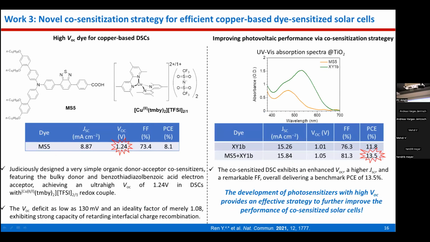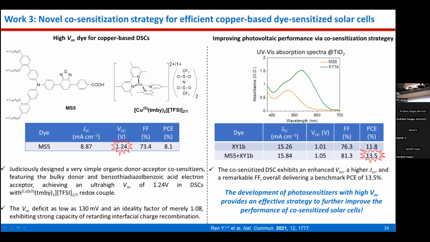Thus, here we designed a very simple organic donor-acceptor co-sensitizer. It uses triarylamine as a bulky donor and benzothiadiazole and benzoic acid as the acceptor and anchoring group. You see, the injection with the copper TMBM complex can achieve a very high open circuit voltage. The VOC is 1.24 V. This is the record value for the copper-based solar cell.